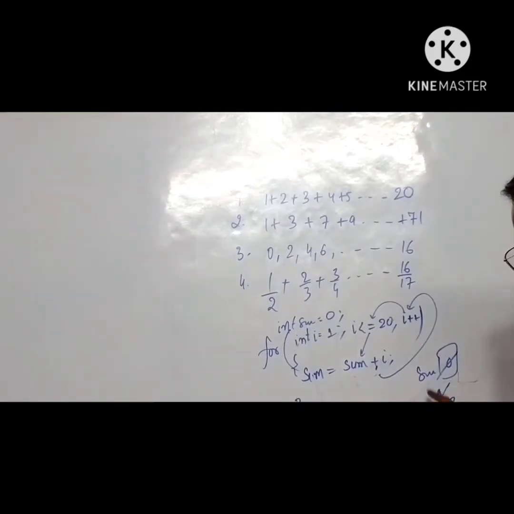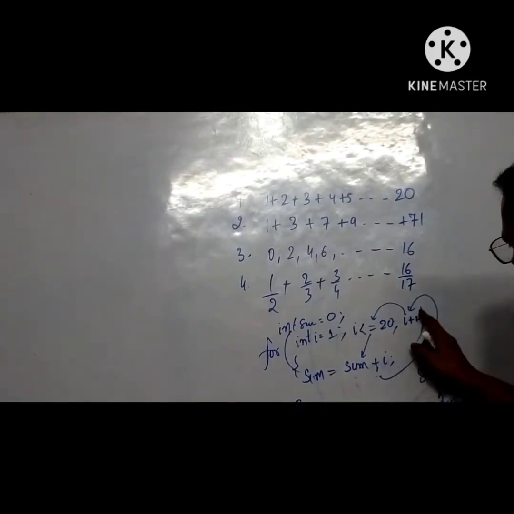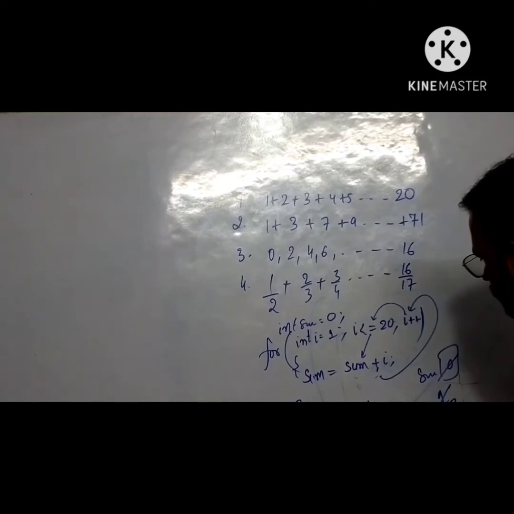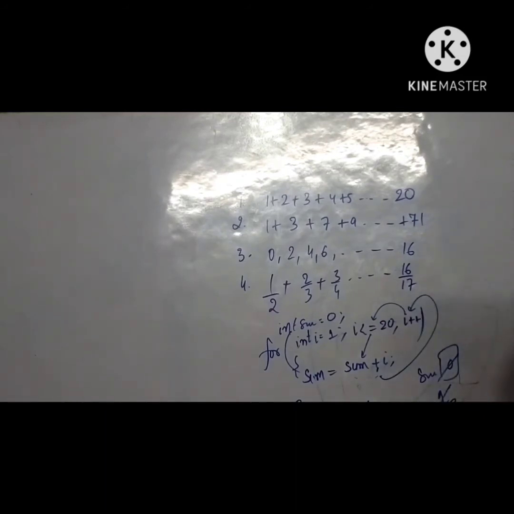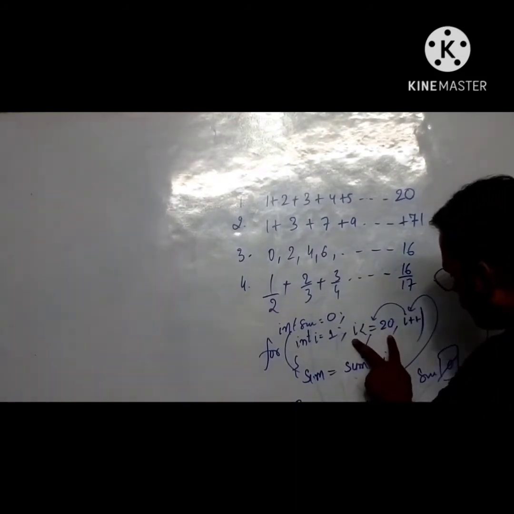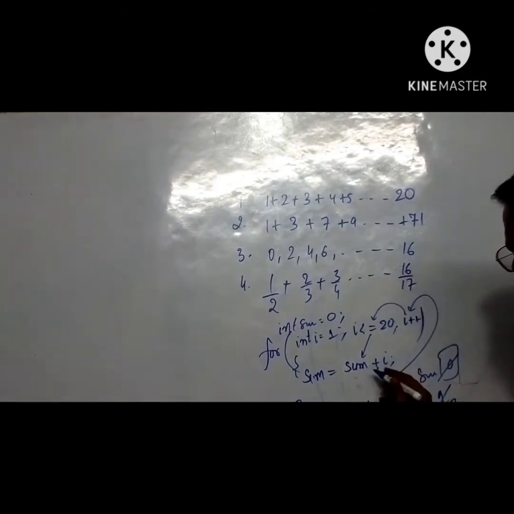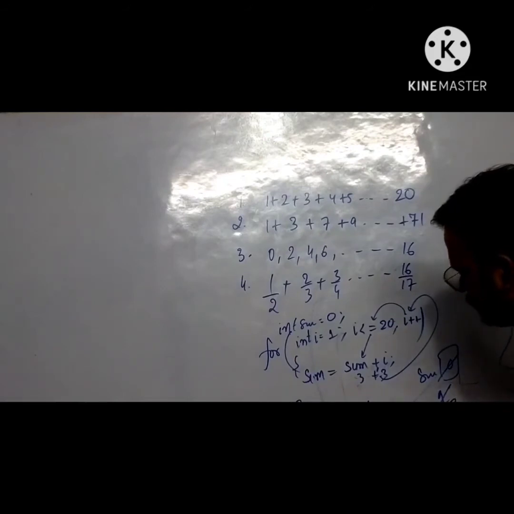Getting my point? Then again i plus plus. What is the value of i? i value 3, 3 less than equal to 20. Good. Sum is 3, 3 plus 3, that is 6. 6 will be assigned to sum.